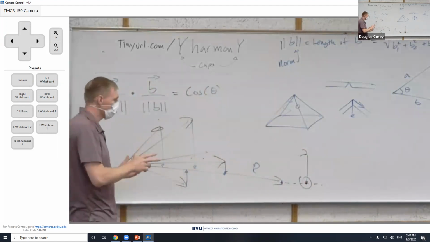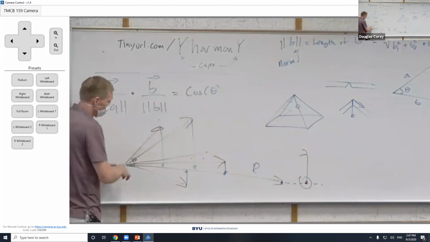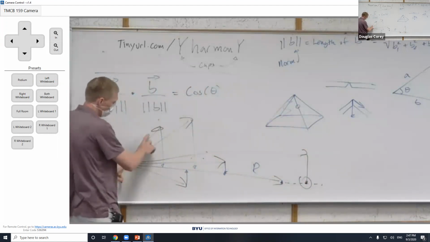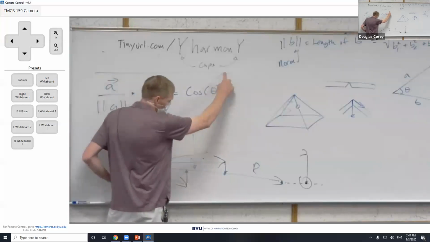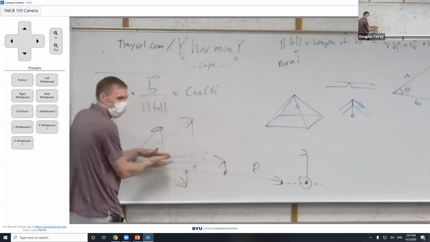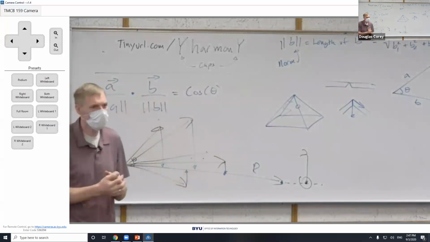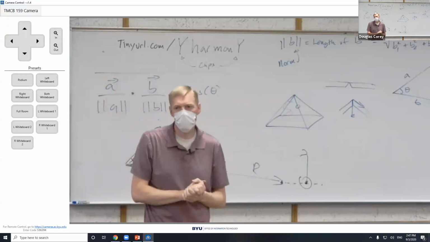You could get some different results because this is a larger angle, but if I went out farther, then I could get closer to people than people who were a smaller angle. So anyway, projections is another use that we use dot products for. But I'll make a video. We'll post it so you guys can see an example.